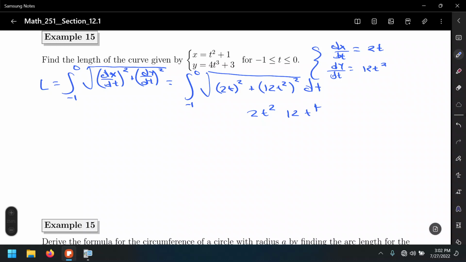No, we have to square both the coefficients and the variable. So that's 4t squared plus 144t to the 4th. Okay.